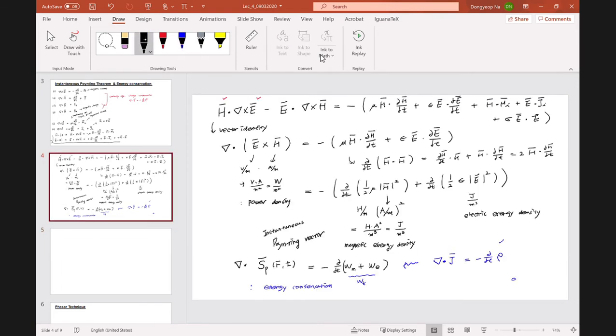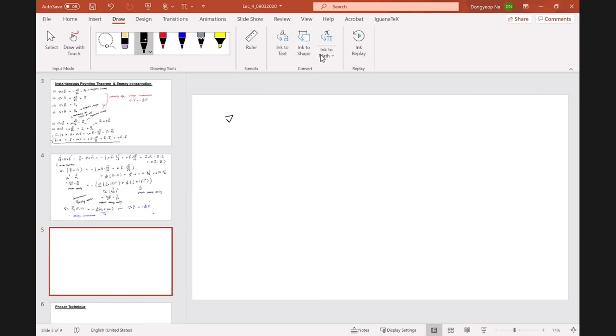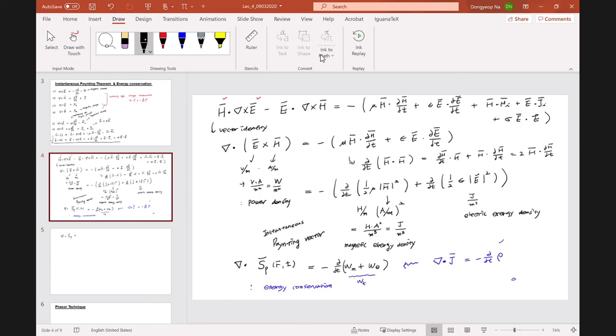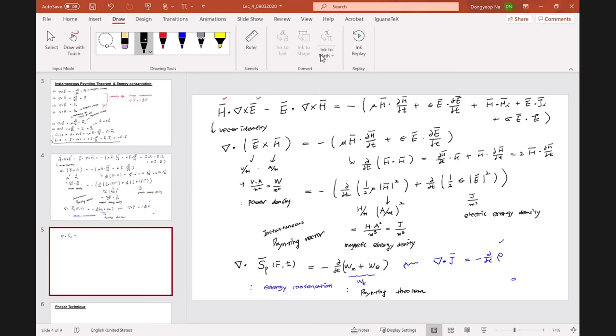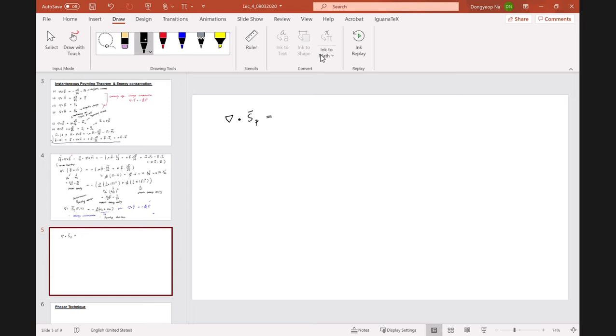We only considered the field, but by adding the source term, we can write this energy conservation, also called the Poynting theorem. A more general version of the Poynting theorem will include the source and conduction effects by writing this way.